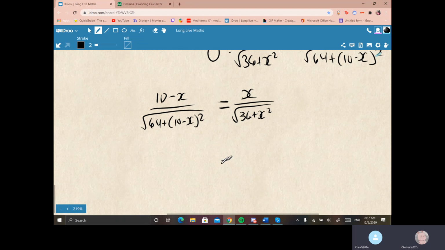Yeah. So now, Chelsea, you've got two layers here. 1, 2, 1, 2. Get everything onto one layer so that it's easier to manipulate. So what we're going to do is times both sides by this thing here. What does that then give us? Basically, it gets moved up to here, right?